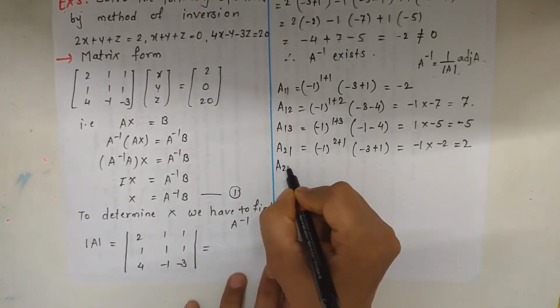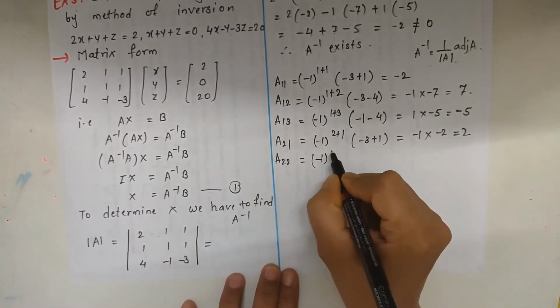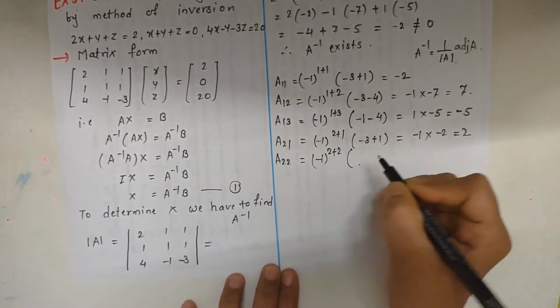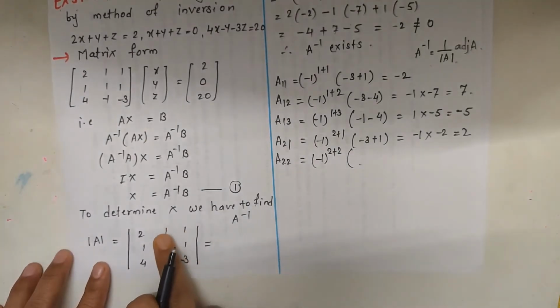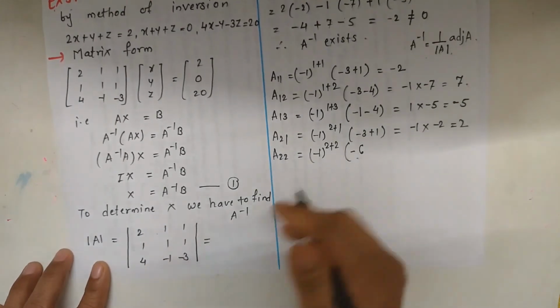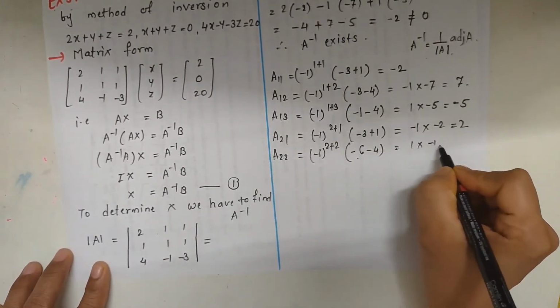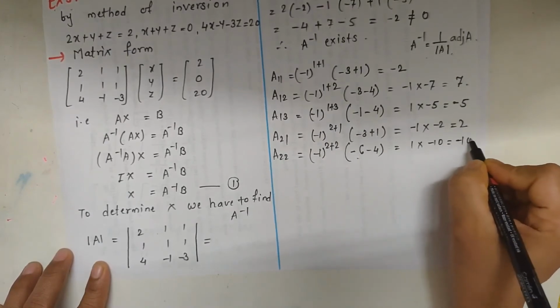Next element A22 is the second row, second column element, minus 1 raised to 2 plus 2. Eliminating the second row and second column, minus 6 minus 4 is equal to 1 into minus 10, which is minus 10.